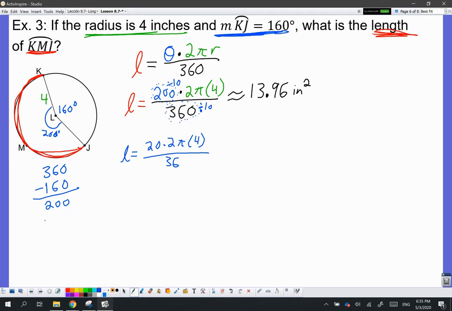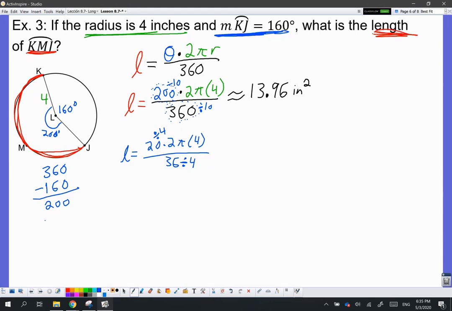But now I still notice that I can still reduce 20 and 36 because both of these have a factor of 4. So if I divide 20 by 4, then that'll give me 5. And if I divide 360 by 4, then that'll give me 9.